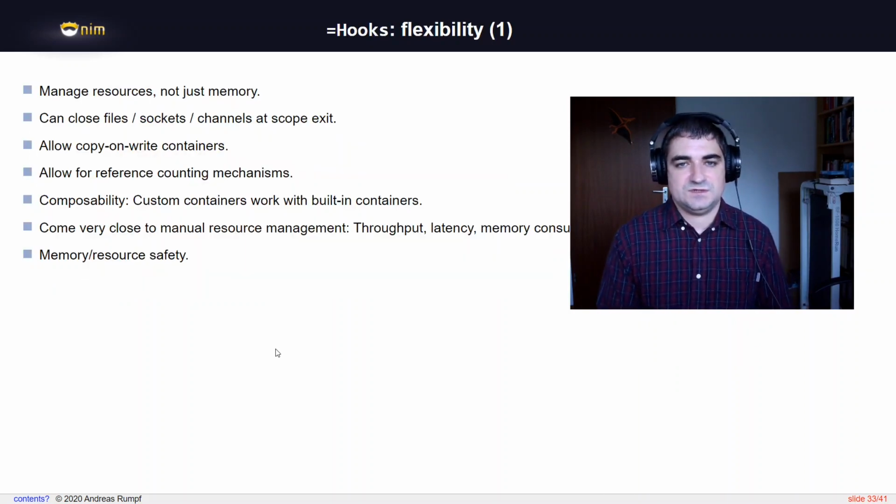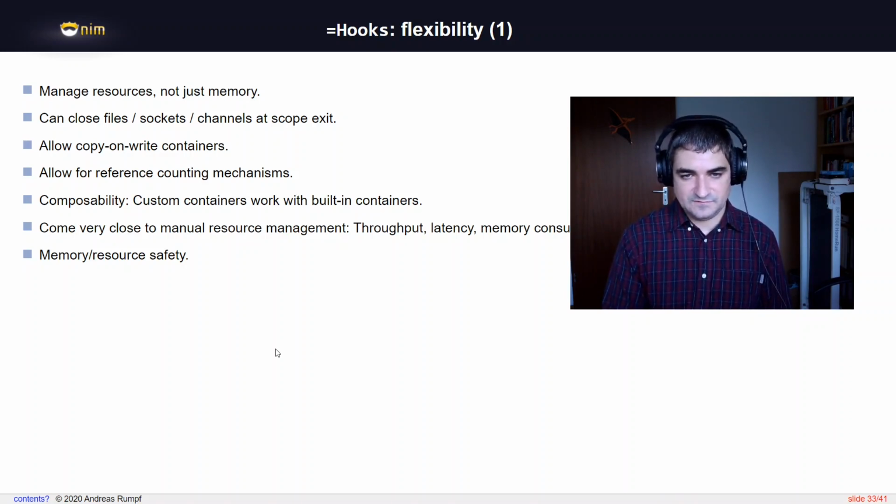Okay, so these hooks give us performance. Not in this talk, but there are benchmarks showing that throughput is better, latency is better, and also, of course, memory consumption is better. And it's rare that you win all these three at the same time. So it comes very close to memory management or resource management.